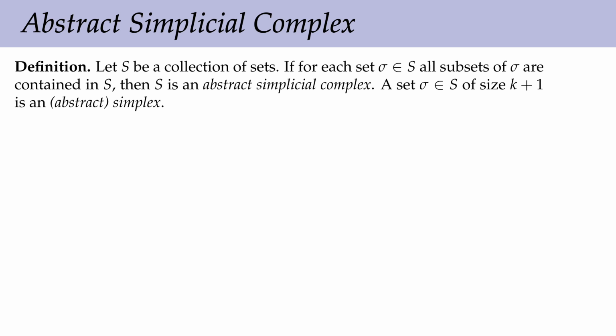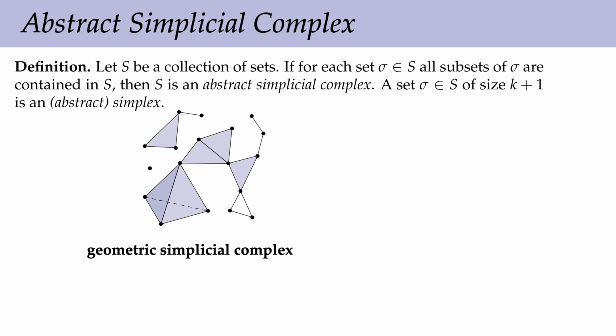And a set sigma in S of size k plus 1 is an abstract simplex. Okay, this got, well, a lot more abstract, right? We're no longer talking about points in space or convex hulls or any of these pictures we've been drawing. We're really just saying an abstract simplicial complex is a collection of sets that have certain properties. You can take subsets and so forth.